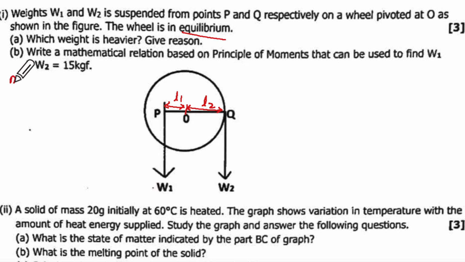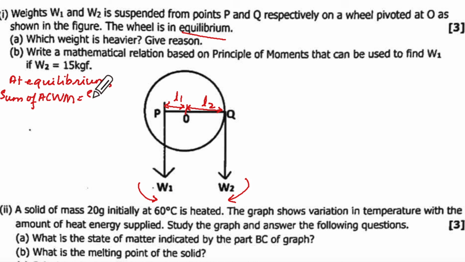Then what you'll say at equilibrium: the sum of anti-clockwise moments is equal to the sum of clockwise moments. So it will be W1 L1 equal to W2 L2.